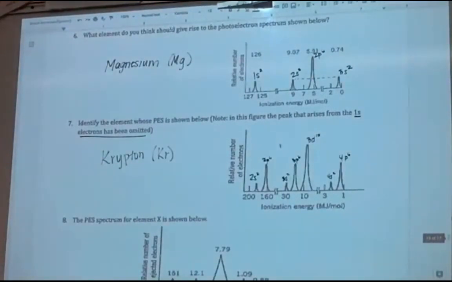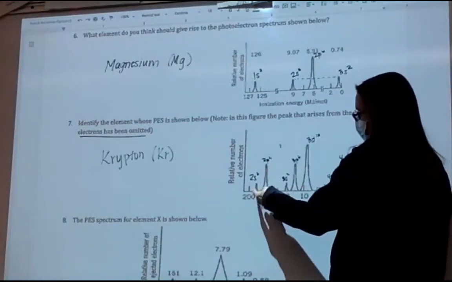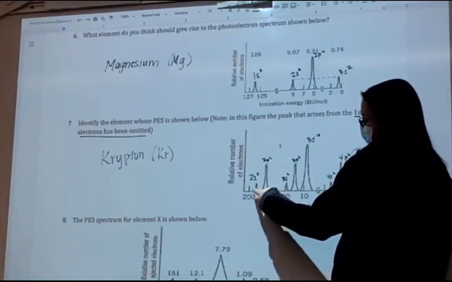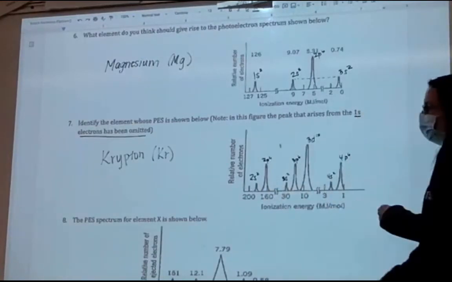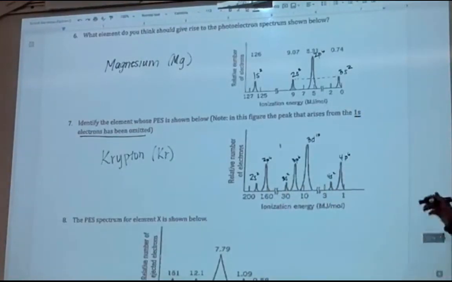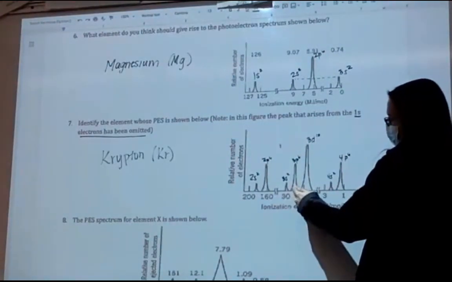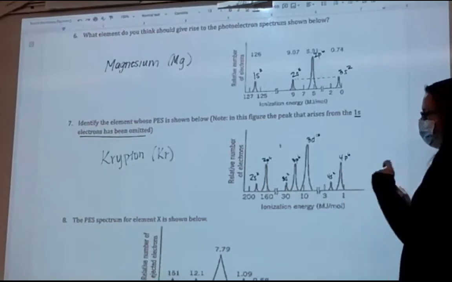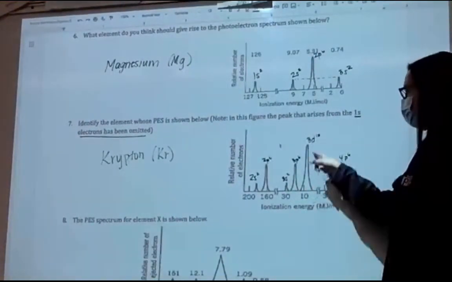And 7, again, it says the 1s electrons are omitted, which means we start with 2s. Right, 2s, 2p. Then we get to this part where, if you write it like a configuration, something is a little off because you have 3s, 3p. Well, we know that 4s should only be the same height as 3s. So we have this big tall peak.